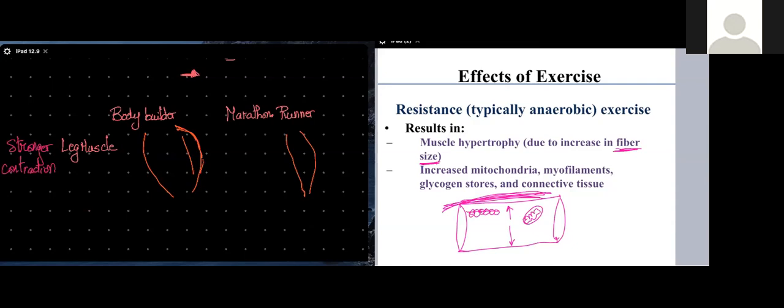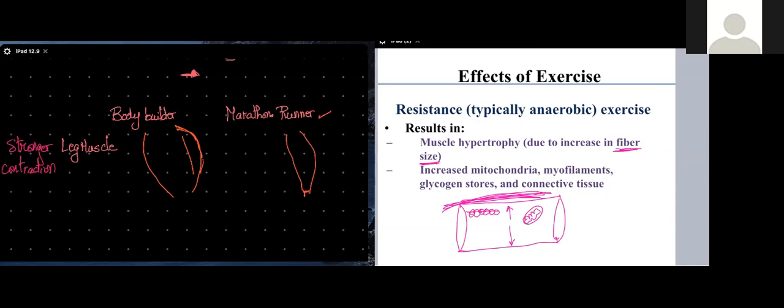I've got only one response so far. Runner. Any other ideas? Bodybuilder, runner. Which one has a stronger contraction?